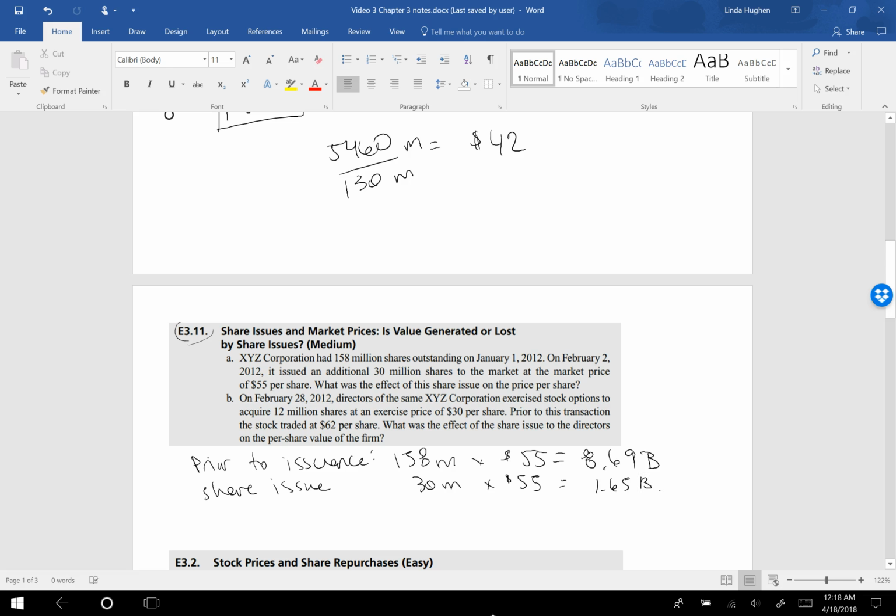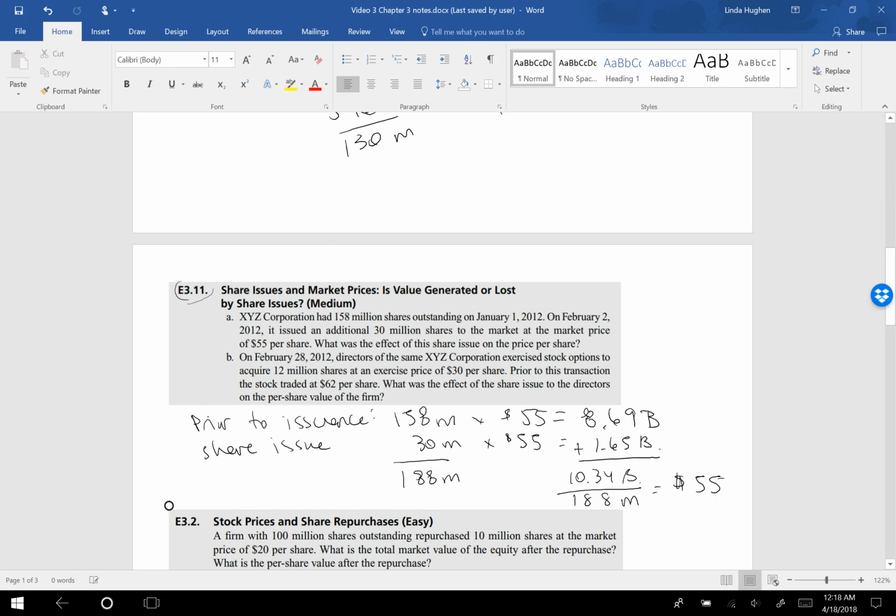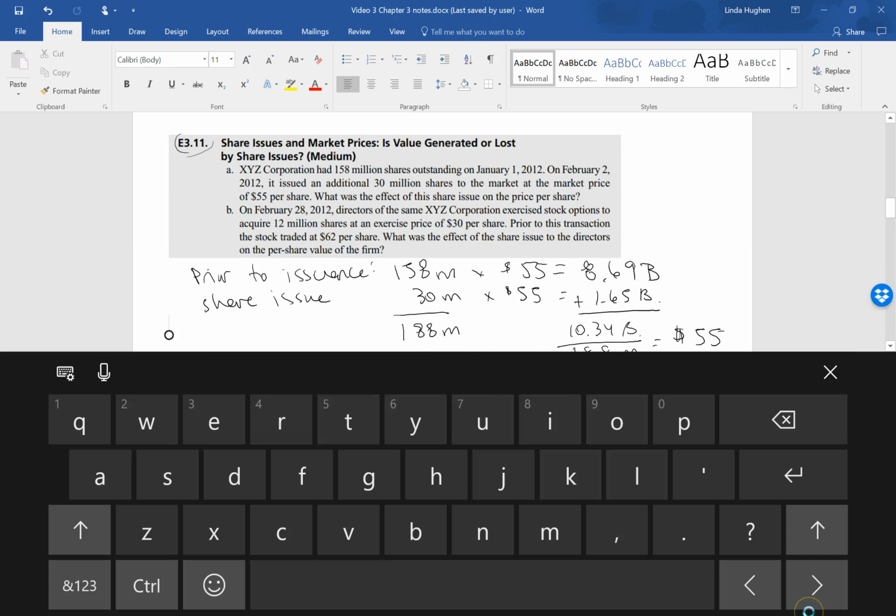So the total value of equity after the share issue, if I just sum these up, is 10.34 billion. And that is based on 188 million shares. And we can see what is that price per share. It is, of course, still 55. But let's move now to part B here.